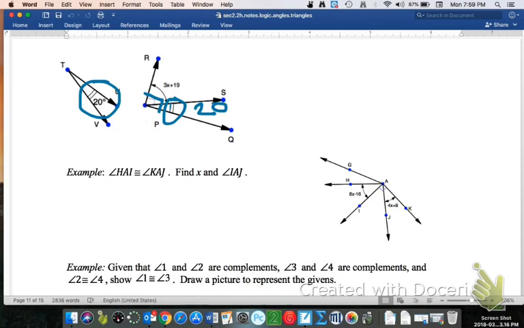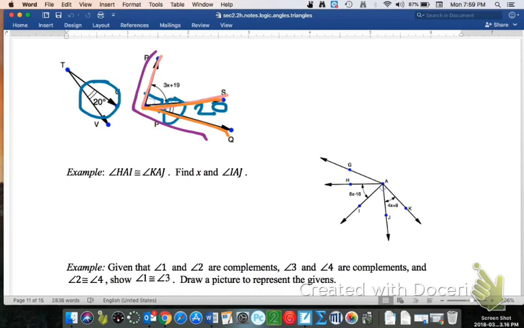So now I know that this is 20 degrees, and we can use our angle addition postulate to add RPS to SPQ, and that will give us the whole amount there.